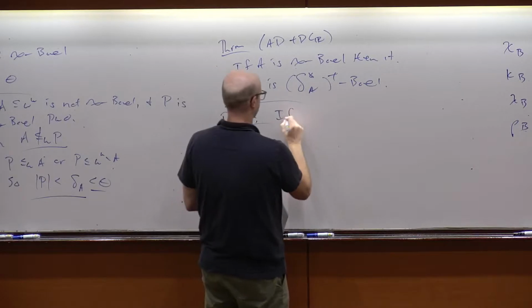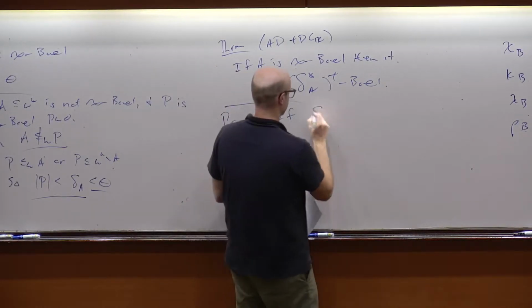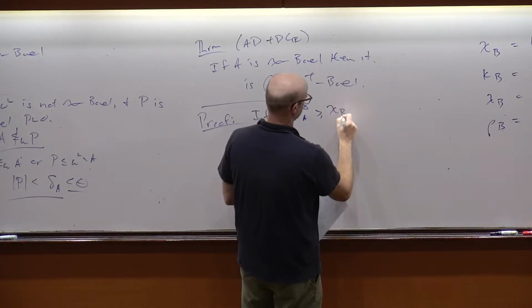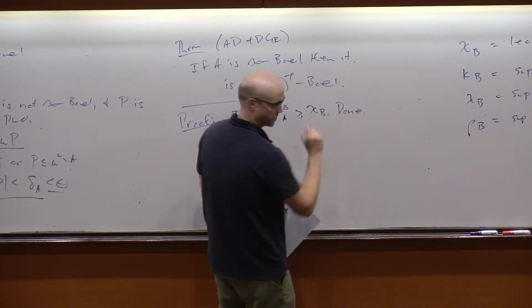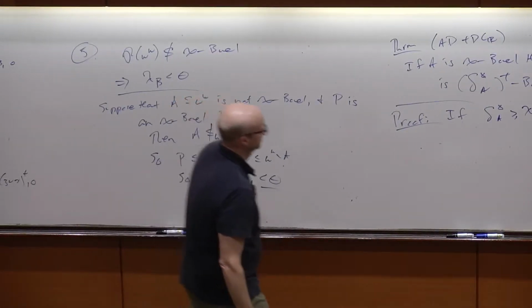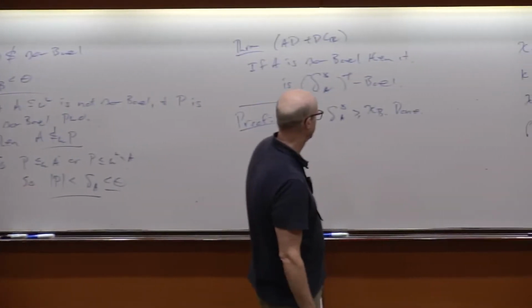Well, if delta star A happens to be greater than or equal to chi B, then we're done. We don't have to do anything, because every infinity-Borel set is chi B Borel.